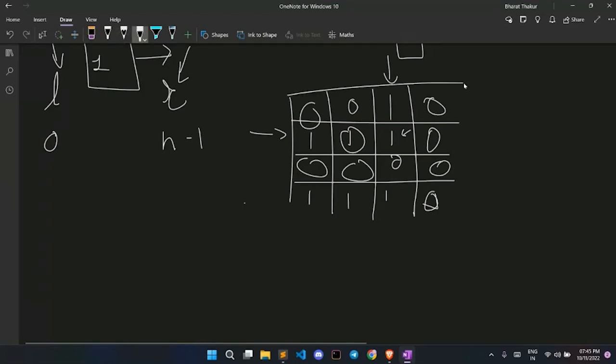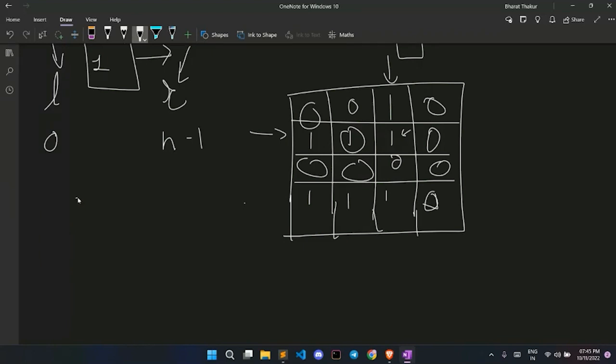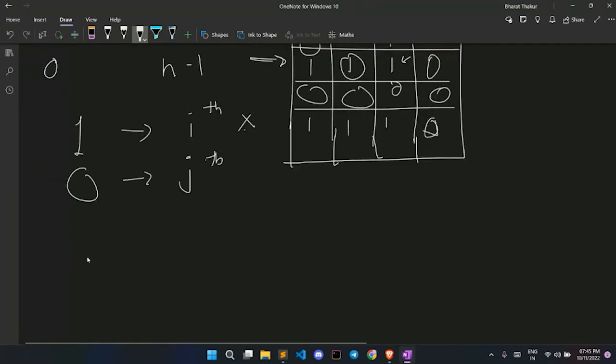We are using the data that is given. The data given is, if the value is 1, that means the ith person cannot be the celebrity, where i means the first index, means 0. And if the value is 0, that means the jth person cannot be the celebrity. So we are using two variables, L and R. We will use i and j only, and we will set them equal to 0 and n minus 1.